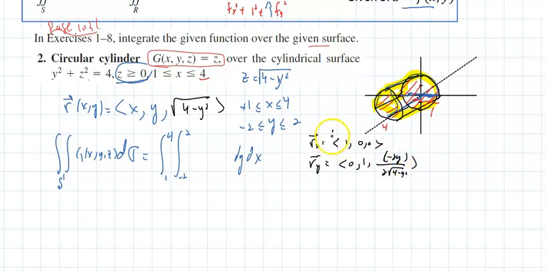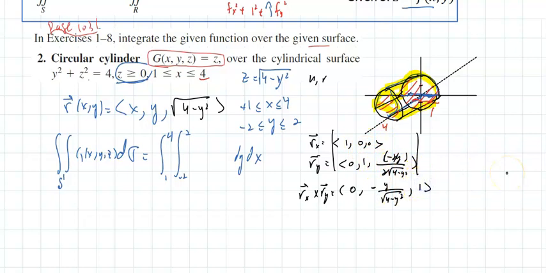So if I take the cross product of those, of course, you could use u and v if you want right here. It doesn't really matter. So here, I'm looking at the i that is 0 minus 0, that turns out to be a 0. And the j, that turns out to be negative y over the square root of 4 minus y squared. And the k, that turns out to be just a 1.